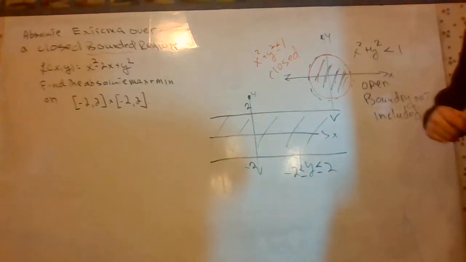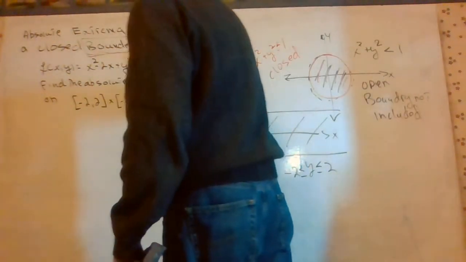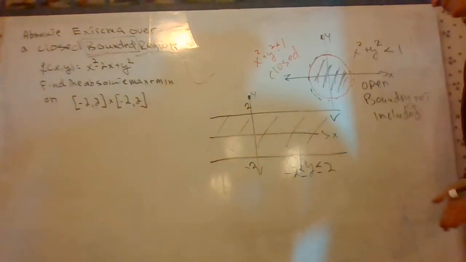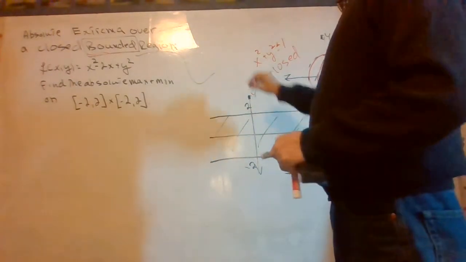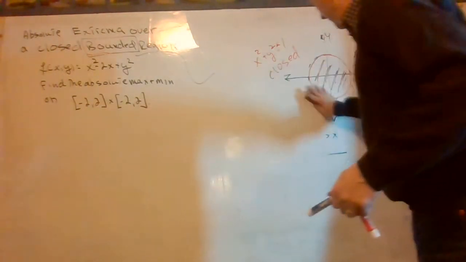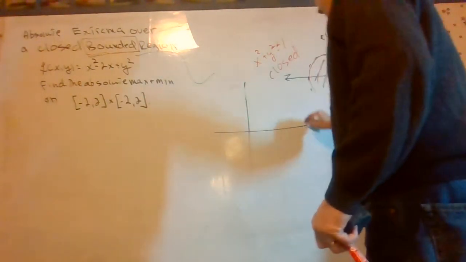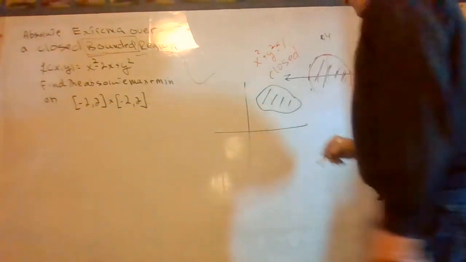Okay, so what does the word bounded mean? Okay, it's a topological term, but the best way to think about bounding is you can bound it with some sort of shape. So, for instance, that's bounded.